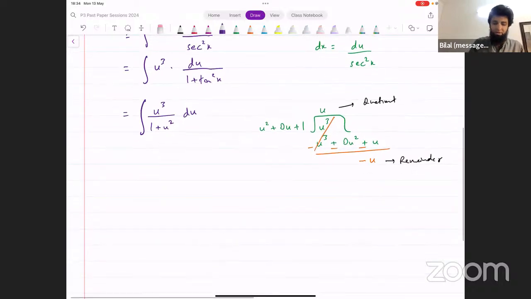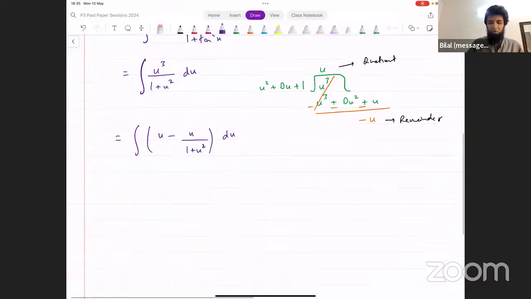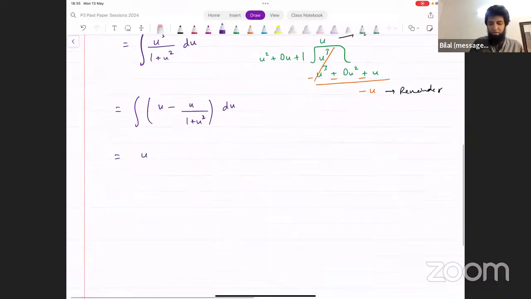Now, what does that mean? This integral can be written as quotient, which is u, plus remainder, which is minus u, over divisor, which is 1 plus u squared. And now you can integrate this with respect to u. What's the integration of u with respect to u? That will be u square over 2. What's the integration of this thing? This can be integrated using the ln rule.